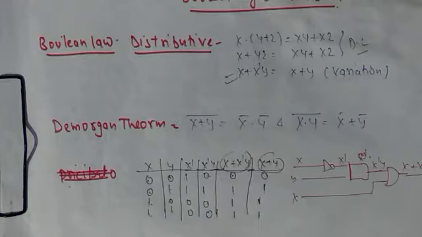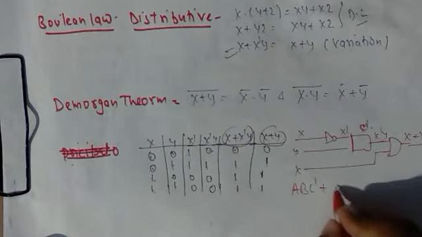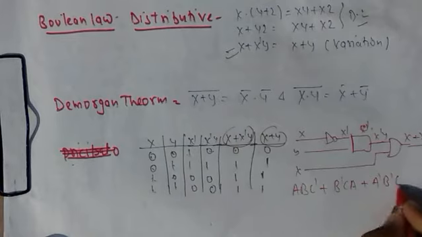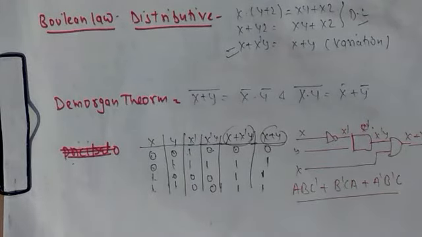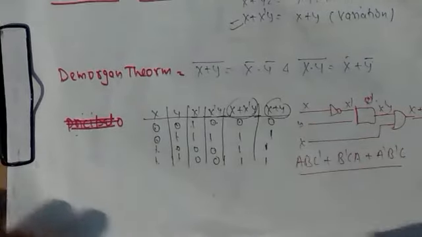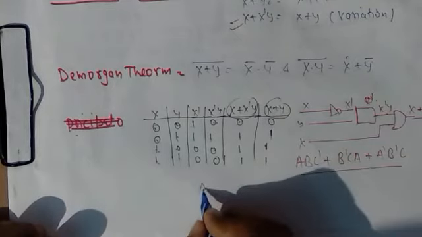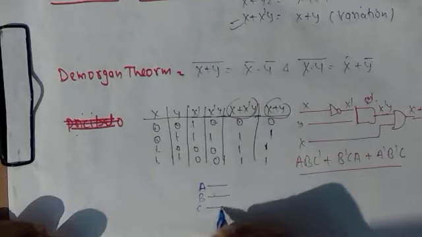I will give you one more example: a b c bar plus b bar c a plus a bar b bar c. I have to make the logic circuit of that particular expression. So I will take the inputs: this is a, this is b, and this is c bar.